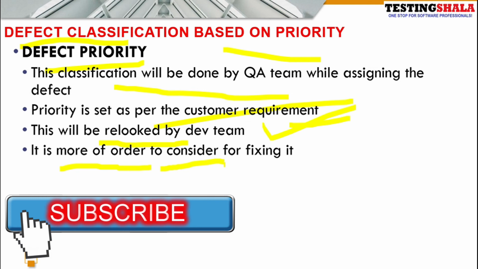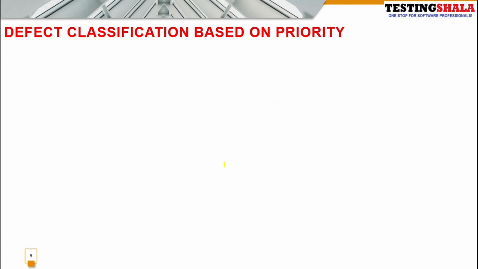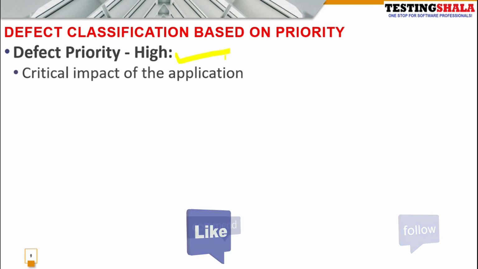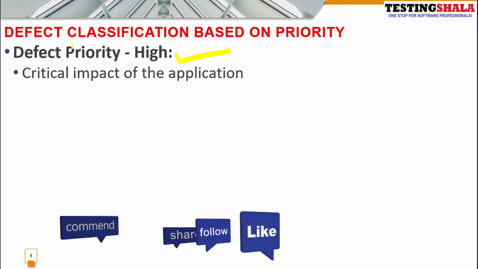Now let us understand the different types of defect priorities we have. The first one is very high defect priority. What does it mean? Basically, defects classified as high priority are very critical in nature and impact the application.